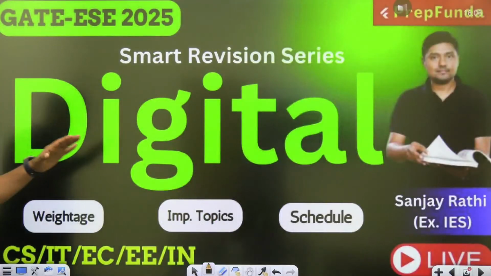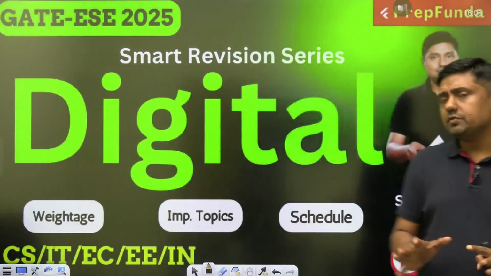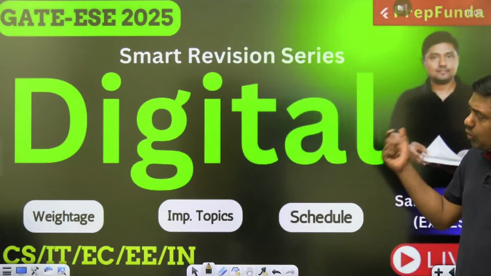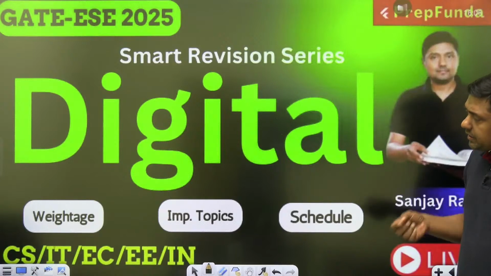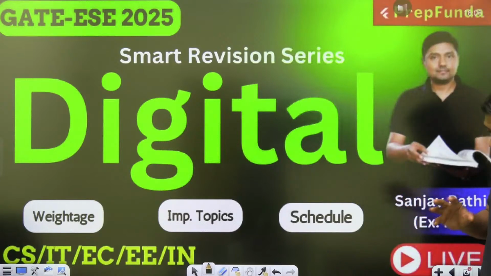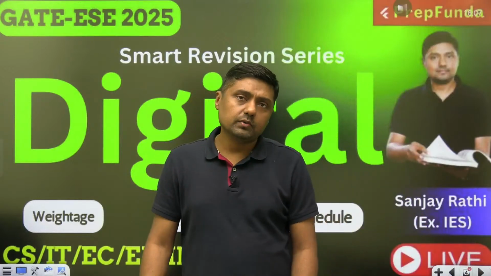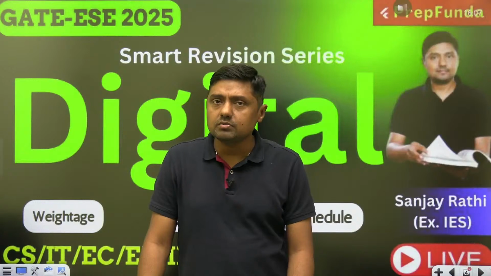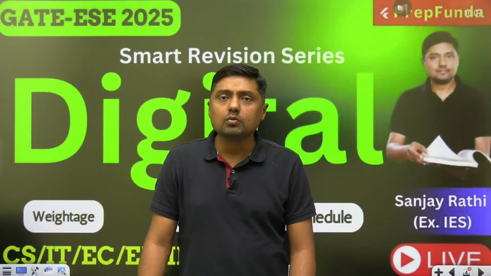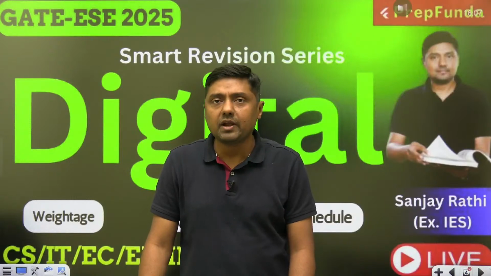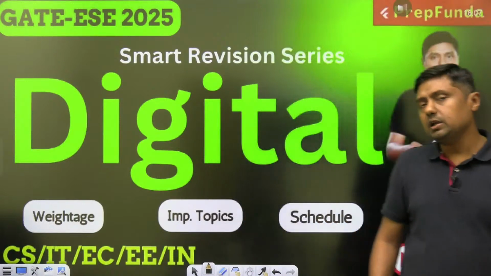Then guys, I'm going to start complete revision of digital. Complete revision of digital. This is for computer science, IT, electronics, electrical, instrumentation branch. From number system up to A to D, D to A converter. Here we will cover number system, then diodes, then Boolean algebra, then combinational circuits, like multiplexer, decoder, demultiplexer, adder, right? 4-bit binary ripple carry adder.